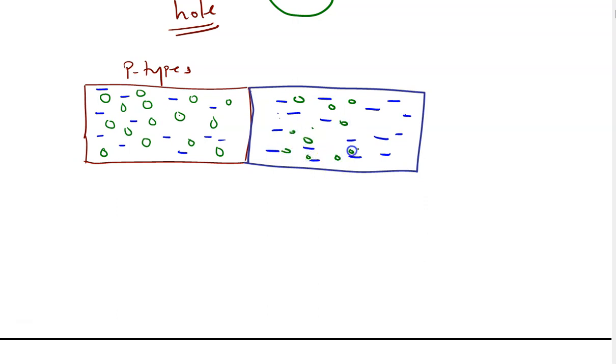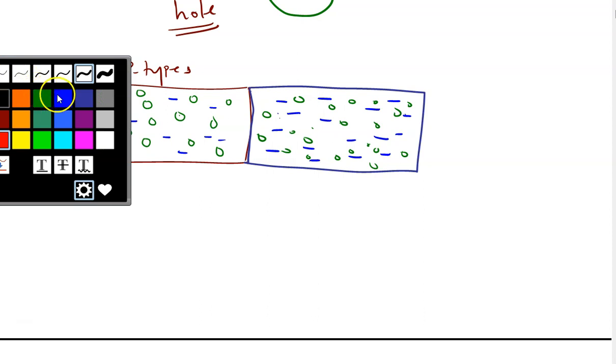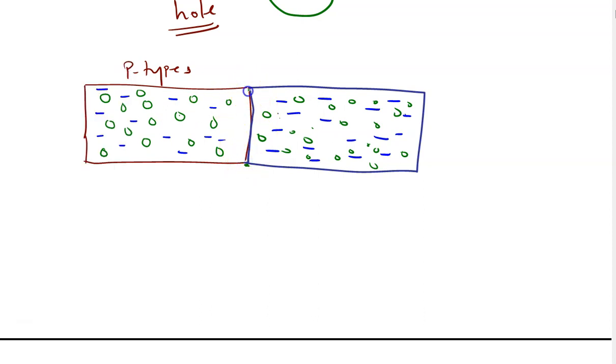So when they come together, a junction is created, and I want to expose you to that junction. This junction is called the PN junction. The thin line here is called the PN junction. You get it? This is the n-type semiconductor.